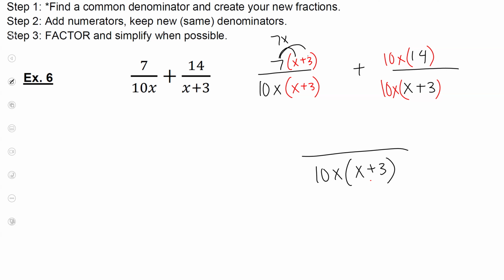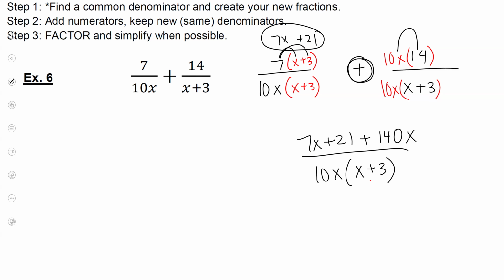What's 7 times 3? 21. So I have 7x plus 21, that's this one, plus what's 10x times 14? 140x. Any questions until here? Okay, good.